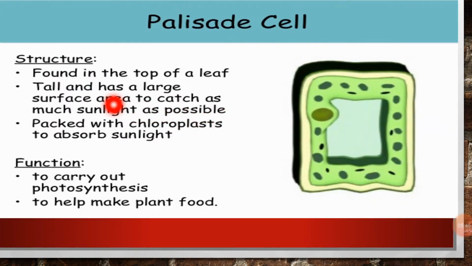The palisade cells are found at the top of a leaf, tall and with a large surface area to catch as much sunlight as possible, packed with chloroplast to absorb sunlight, and the function is to carry out photosynthesis to help make plant food.